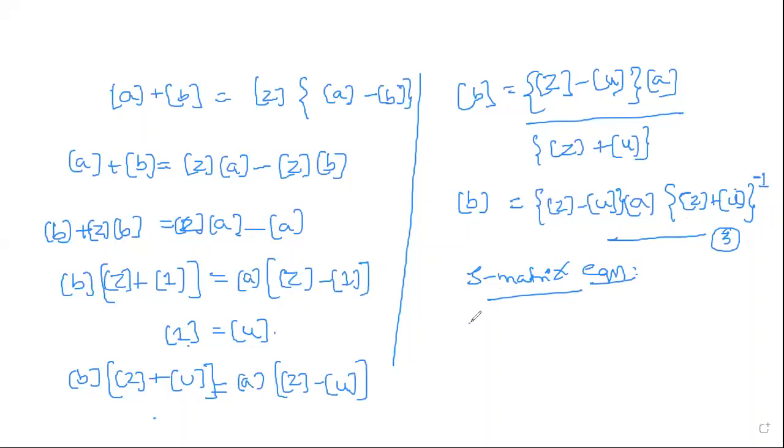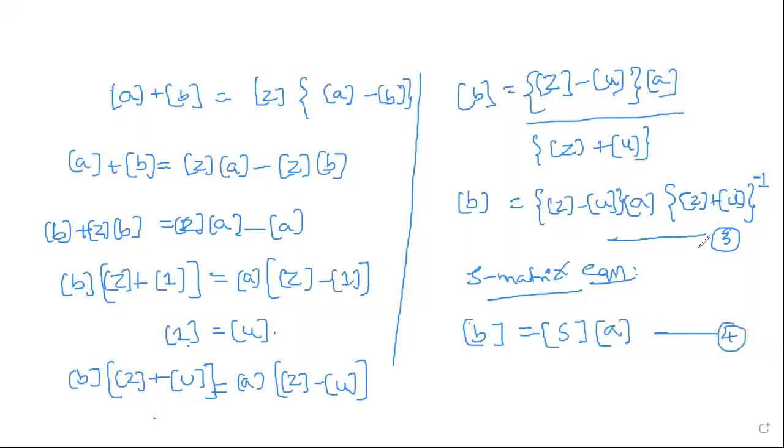If I write it in general matrix terms, the left hand side is the B term, so I'll write it as B, and S will be the matrix, S into A. This is the general equation of the S matrix for a network. So consider this as equation 4.